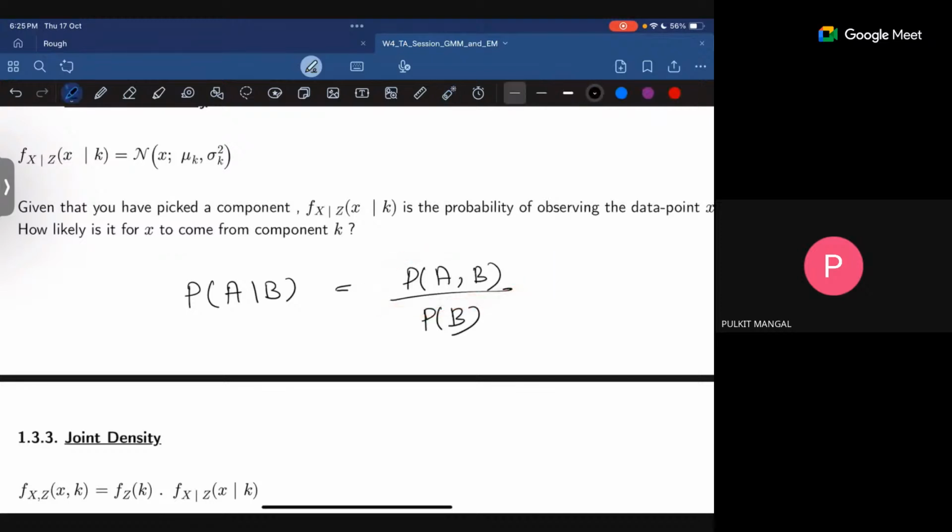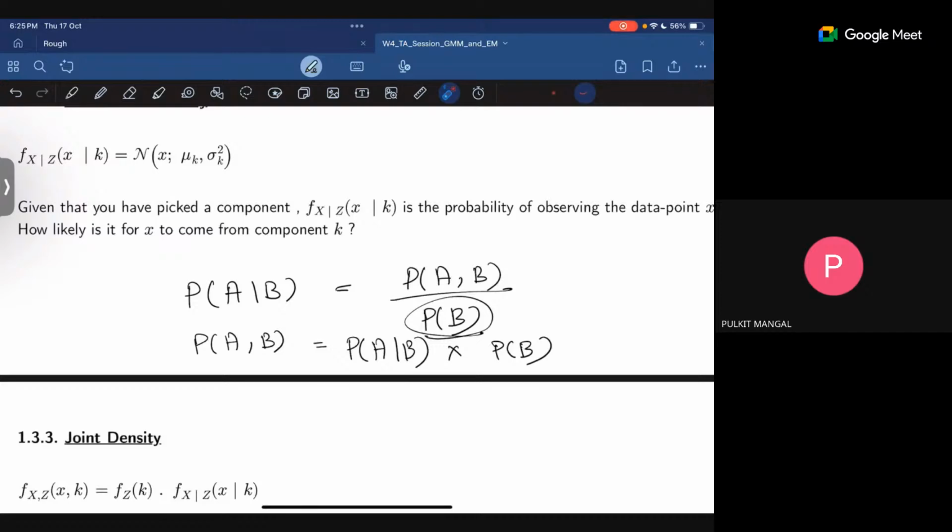So the joint would be conditional times marginal. So if you want to find the joint density, that would be the same as conditional density times marginal. This we have seen in stats 1 and stats 2. I hope you guys remember.